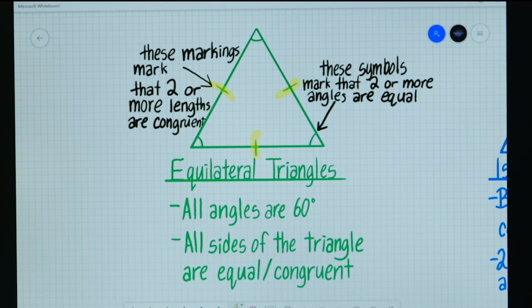There are also some little arcs right here, and as I said, these little arcs mark that 2 or more angles are equal. Some things to note about equilateral triangles: all angles are 60 degrees, because 60 times 3 is 180.